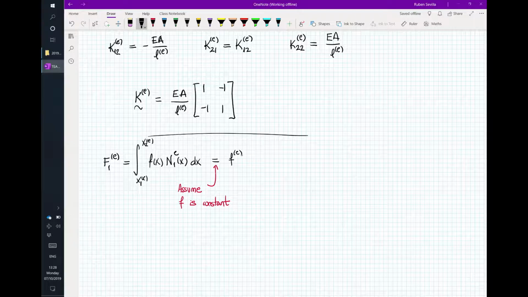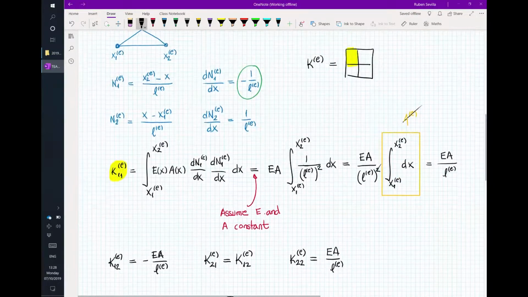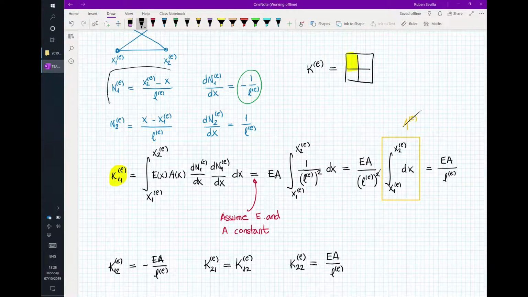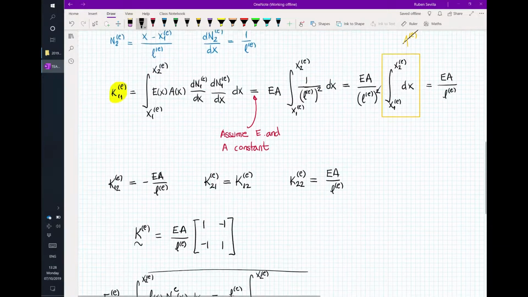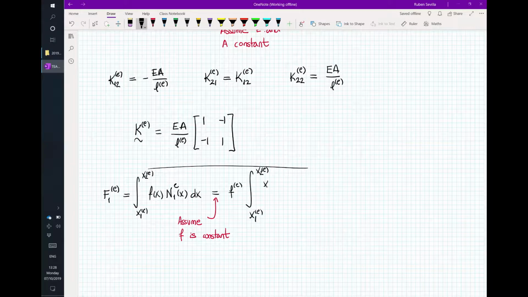And the only thing that remains inside is the shape function, which I got here, x2 minus x divided by L. And that's what we need to integrate.